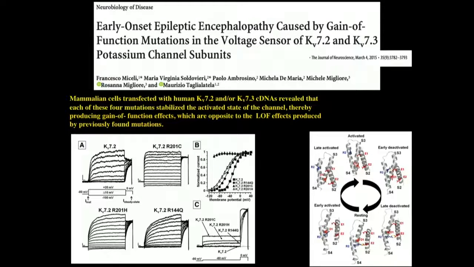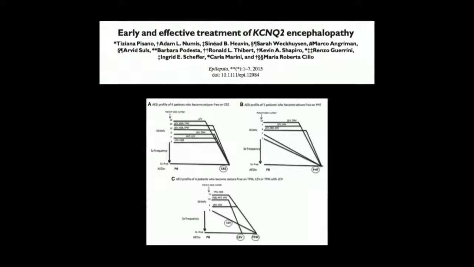For example, this is a very elegant study by Taglialatela in Naples, and they demonstrated that the early onset epileptic encephalopathy may also be caused by gain of function mutations. So here again, it is not easy from the beginning to tell what is going to be the phenotype.